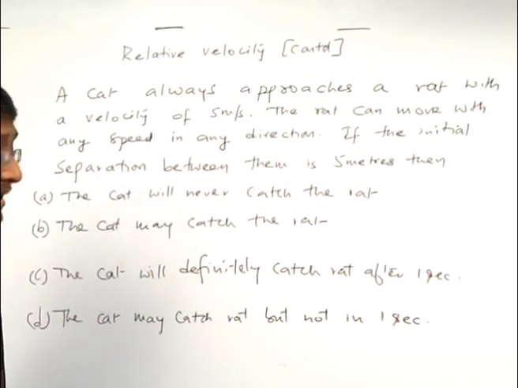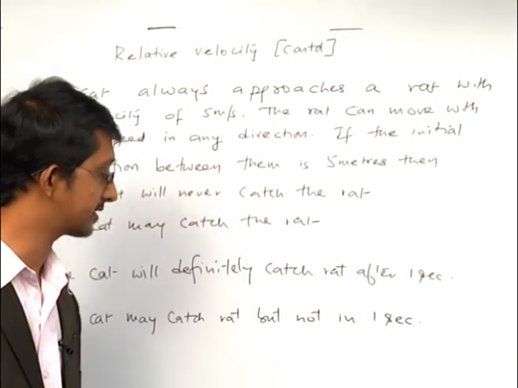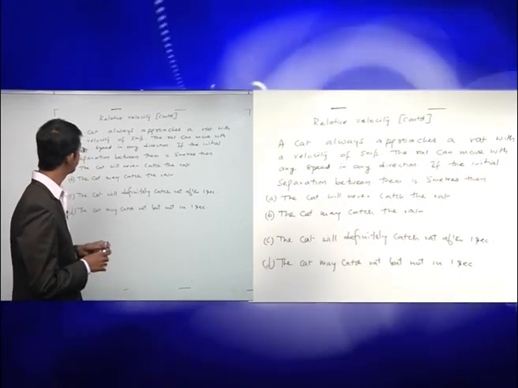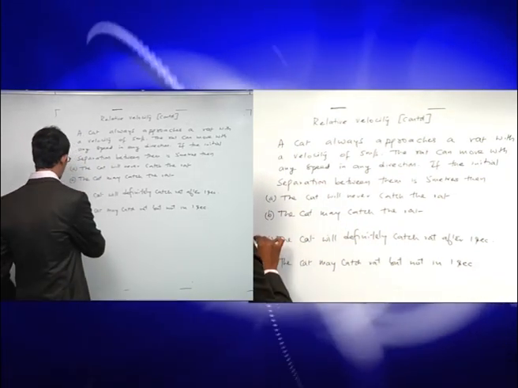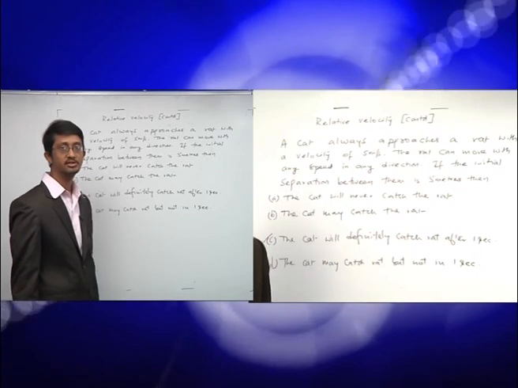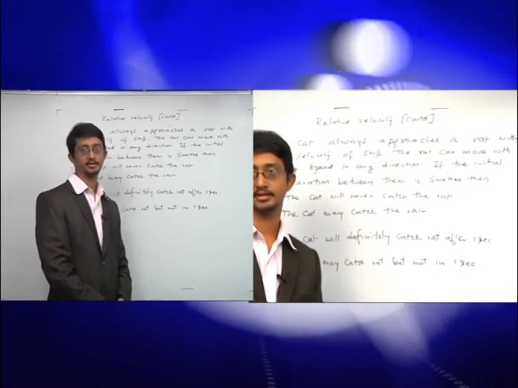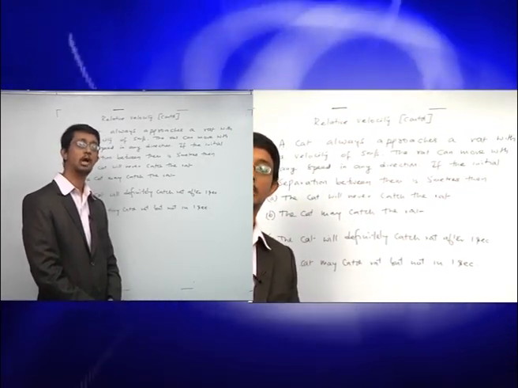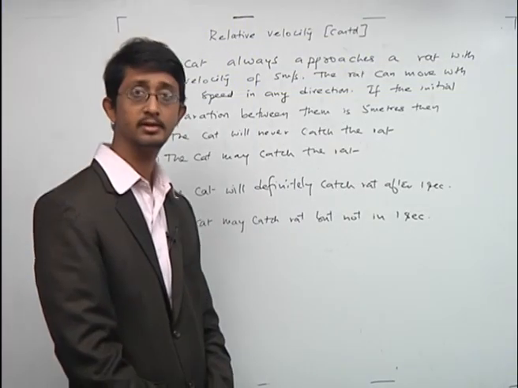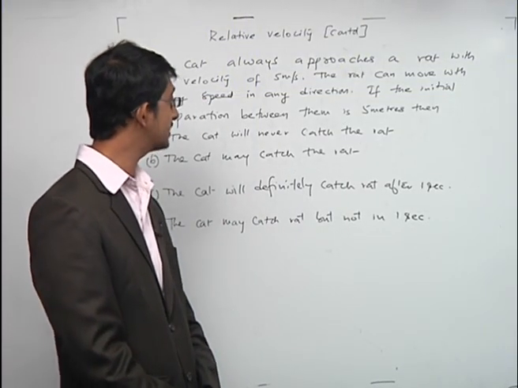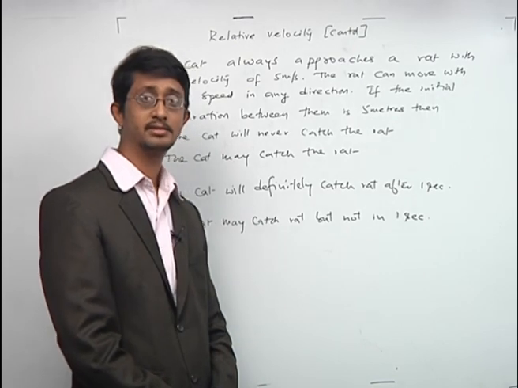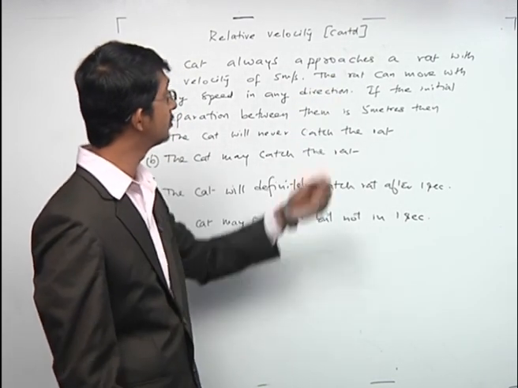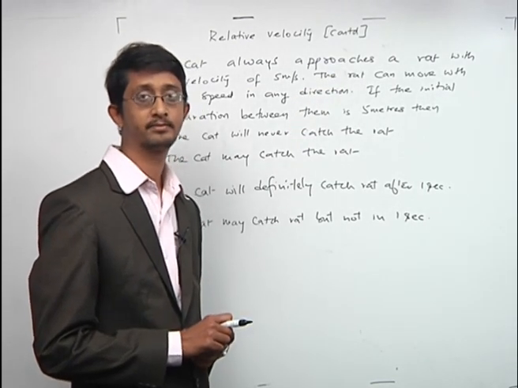This may be the correct answer, but actually it is not. The correct answer is: the cat will definitely catch the rat after 1 second. How on earth did I come to this conclusion? After all, the rat can move with any speed in any direction.